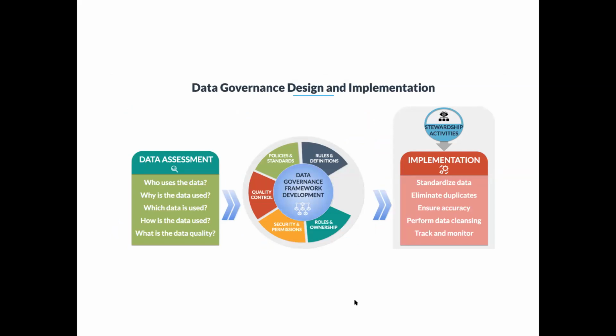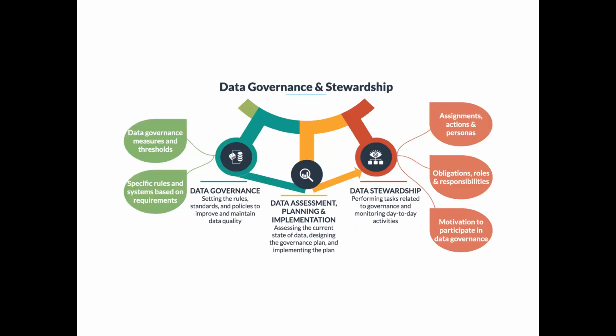Looking at that, you push it through, and comes elimination of duplicates. You're cleaning your data and processing that data. That's where the stewardship comes in, which does all these activities at the end. The important thing of governance is we want to get the stewardship done for us.